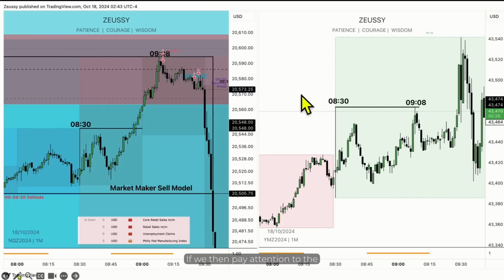If we then pay attention to the Dow Jones, however, you can see that the Dow Jones creates relatively equal highs. The reason why this is significant is because when market 1 creates higher highs, and these markets are correlated for your info, meaning they should move in tandem with one another, if they're not moving in tandem, it means that there's a correlation divergence in play, which is SMT, which is taking place.